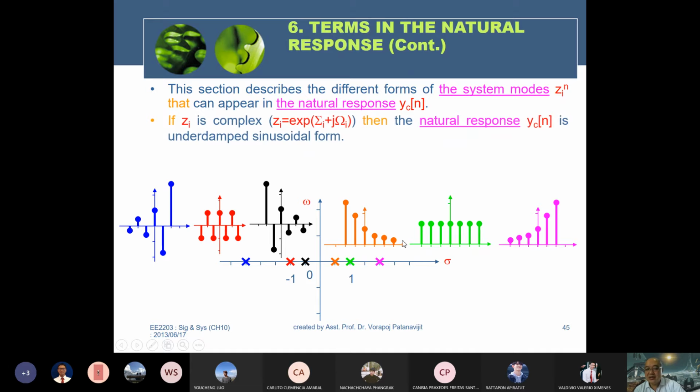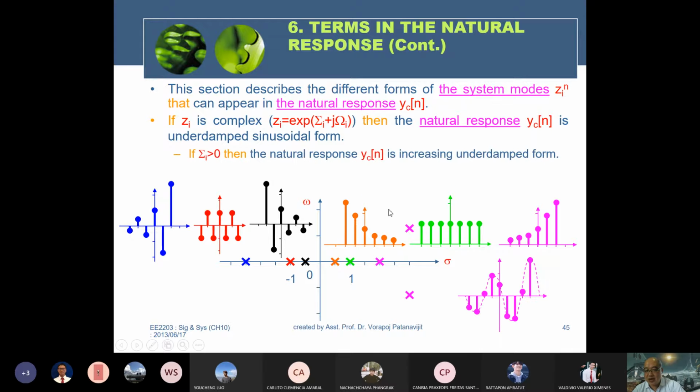Next, zi is complex. If it is a complex number, it depends on the magnitude of its real part. It will oscillate in a sinusoidal waveform. If the magnitude is greater than 1, the overall envelope will be increasing in an exponential manner.